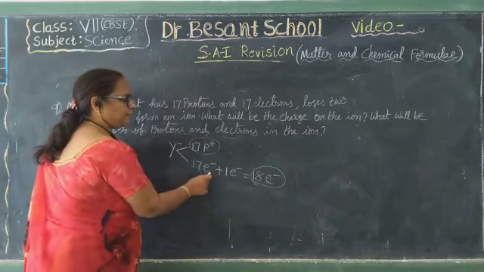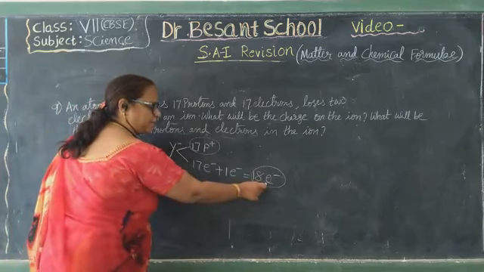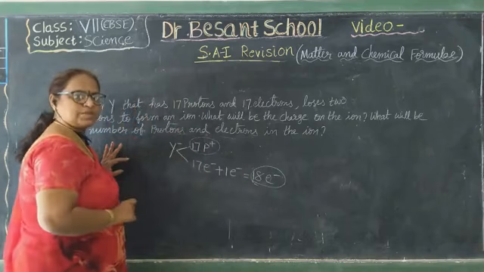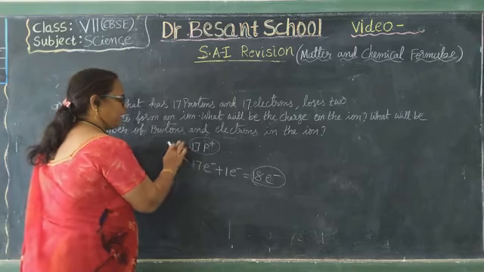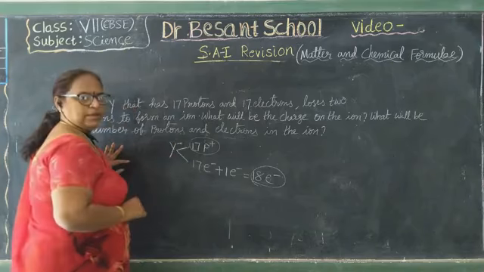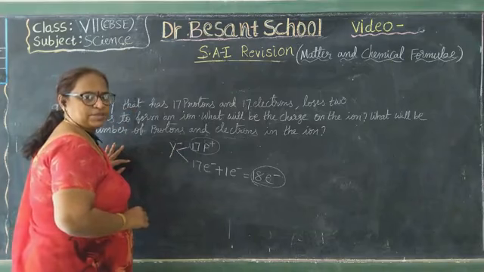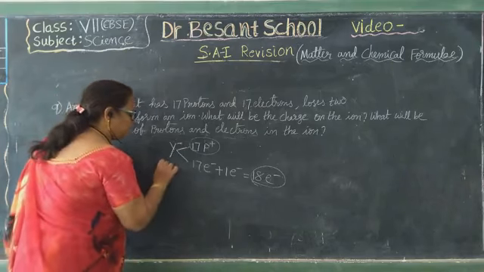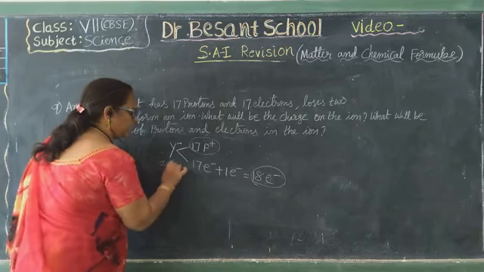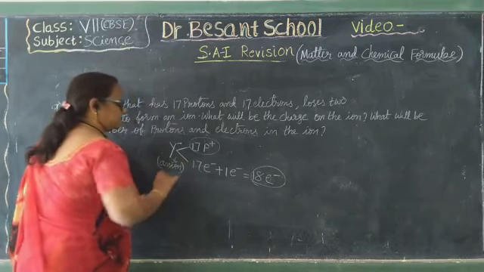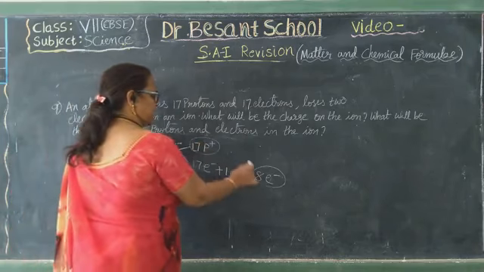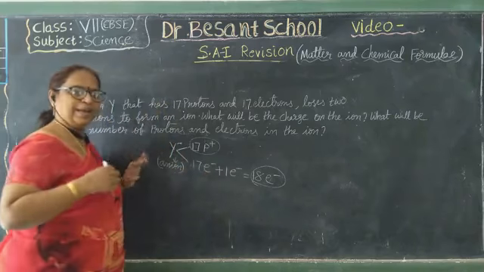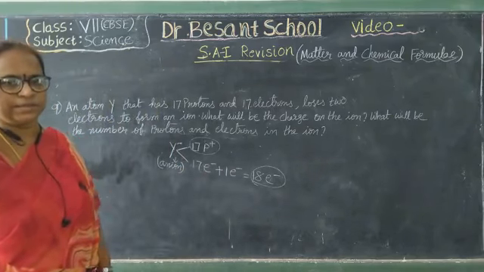Now it gained the electron, that means negative charge electrons are more than positive charge protons. So its charge became negative, which we also call an anion. The number of protons is 17 and the number of electrons is 18. This is the answer.